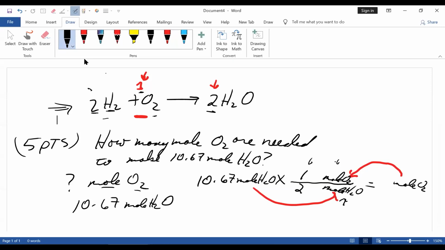Now, these numbers are exact numbers. Therefore, exact numbers do not play a role in the calculation. Notice this is 4 significant figures. Our answer should be 4 significant figures. And before I go ahead, I'm going to use unit analysis again to make sure I get the right units on my answer.